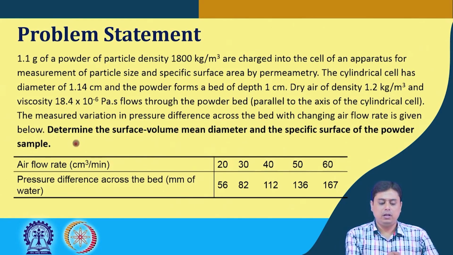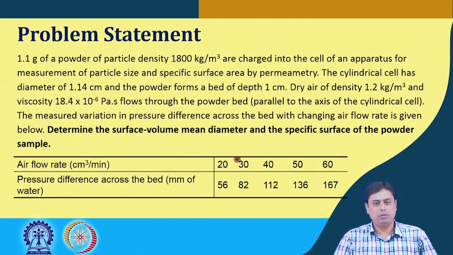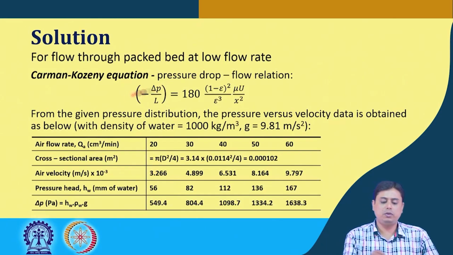Now, here the question was what is the diameter of the particle, when all the other information was given. So, from the flow rate we find out the superficial velocity. We plotted the delta P versus superficial velocity to find out the slope of this graph.